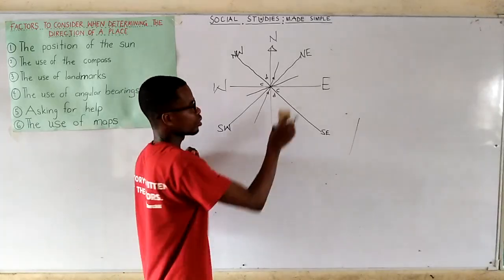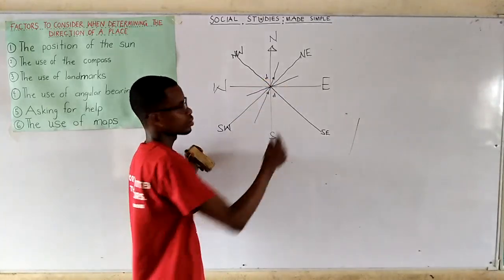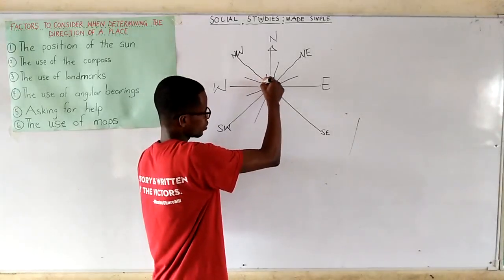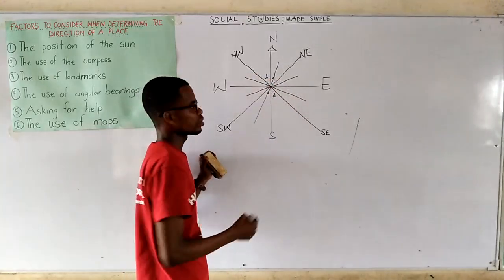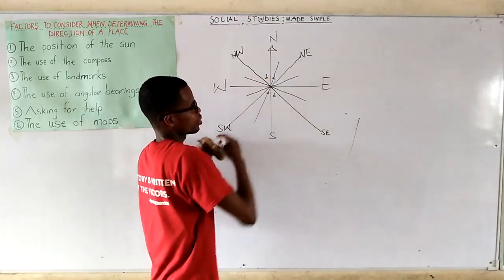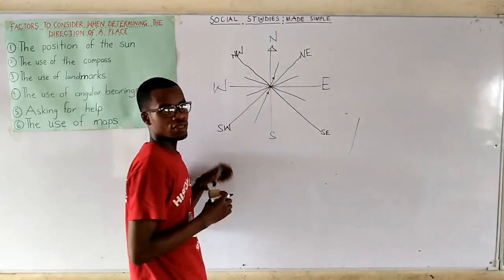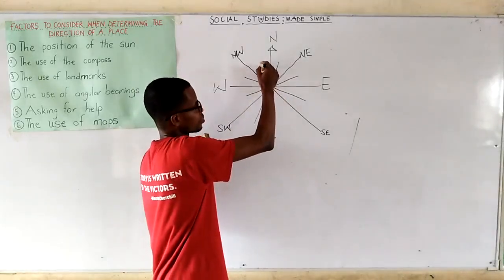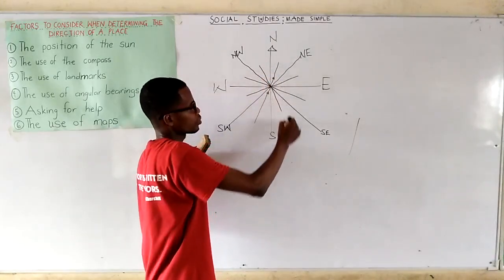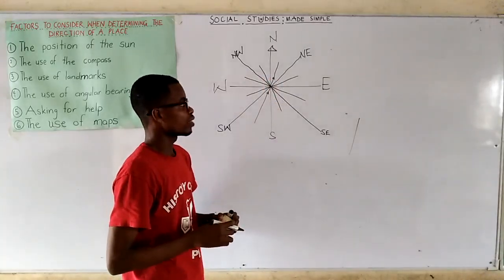Then you take your C's out, draw a line, pass through the origin, and then you name it. Finally, you take your D's out, you have the space, and then you draw the line to divide it.